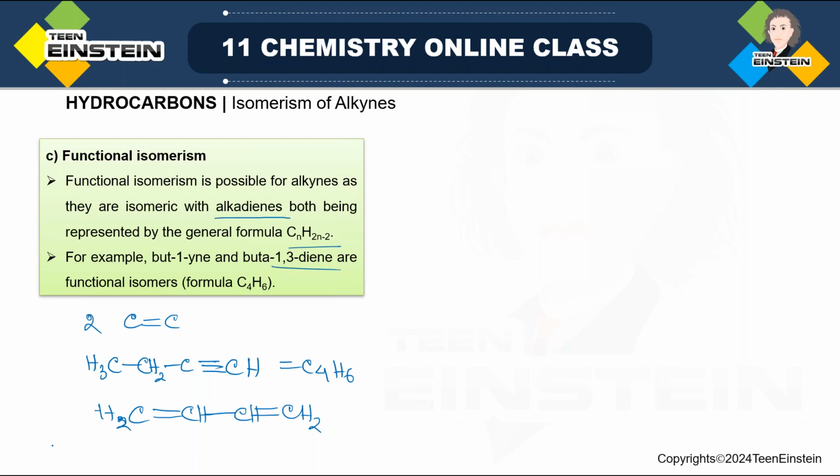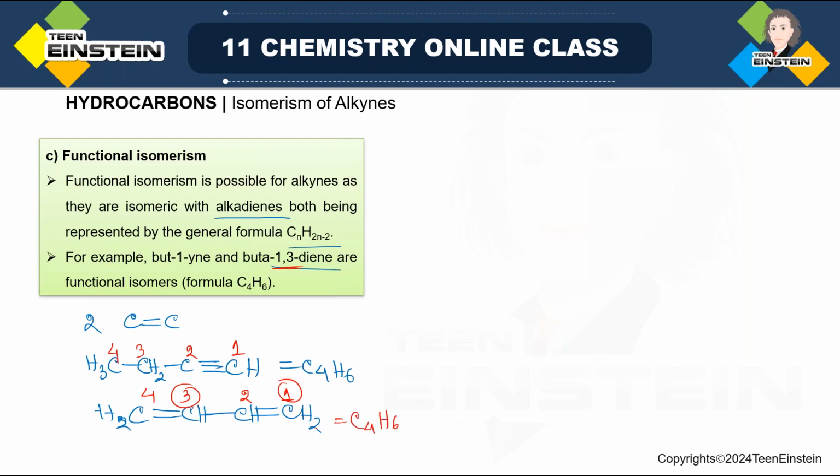So here the numbering, if we do, this is but-1-yne and the second one is buta-1,3-diene. And for both, it is C4H6.